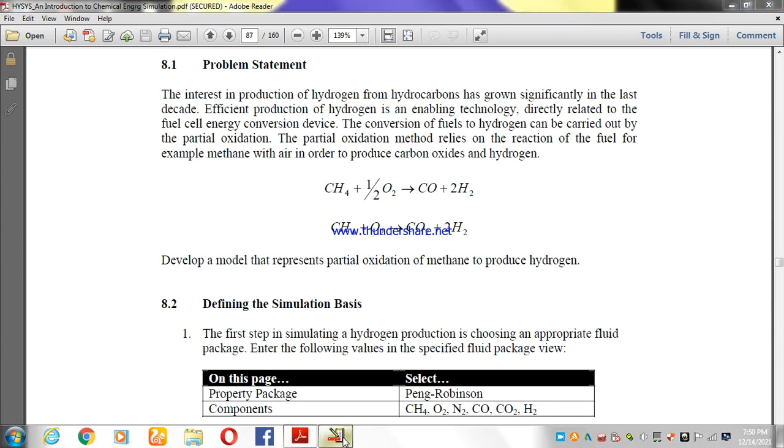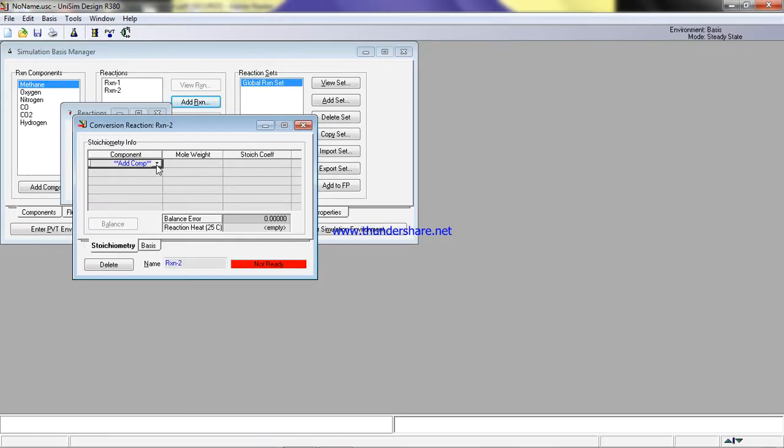So we go back there, we pick methane, oxygen, where is it, oxygen, this time carbon dioxide, and then hydrogen. So we say -1, minus 1, that is the stoichiometry, and then 1 and then 2.